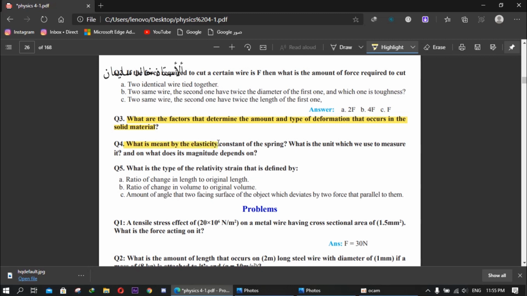Now question number 4. What is meant by the elasticity constant of the spring, what is the unit used to measure it, and on what does its magnitude depend?